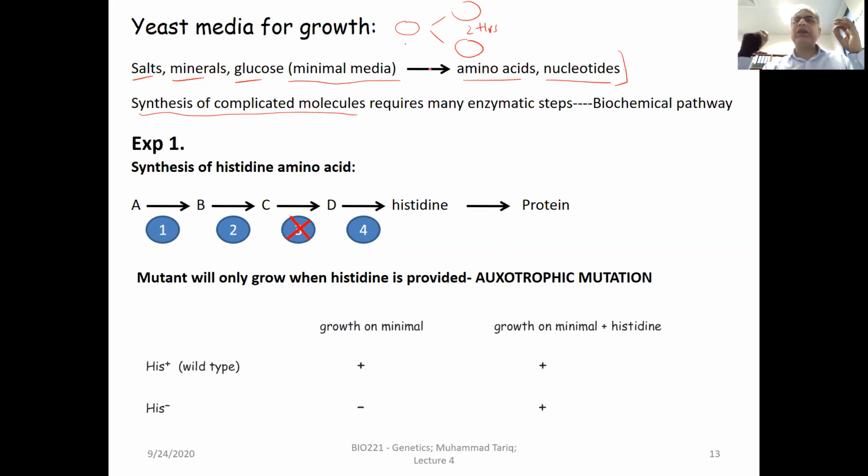You name any fundamental biological question in molecular biology, and its genetics and biochemistry have been very well studied in yeast genetics. Now, I give you a simple example of amino acid biosynthesis.